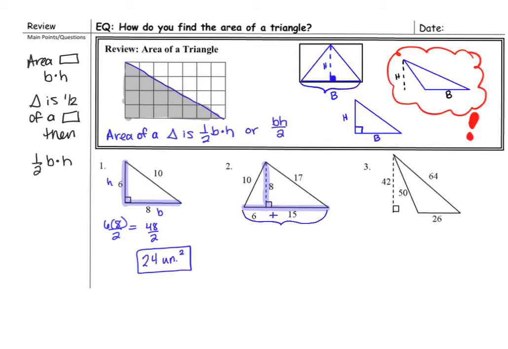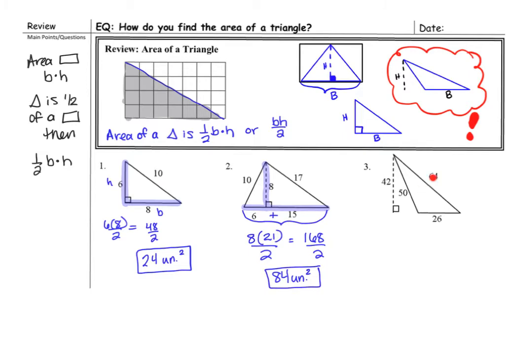That's going to be equal to 21. So we're going to do our height times our base, divided by 2. 8 times 21 is 168, and 168 divided by 2 is 84 units squared.